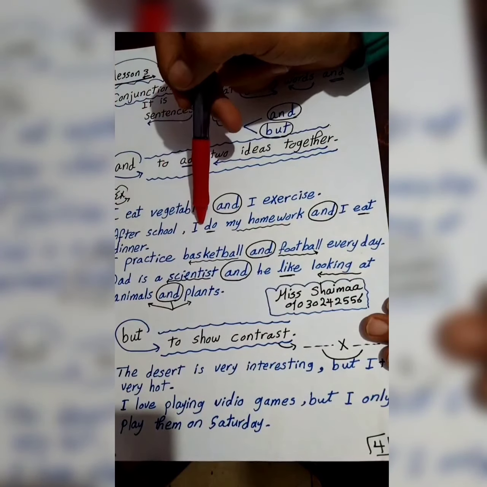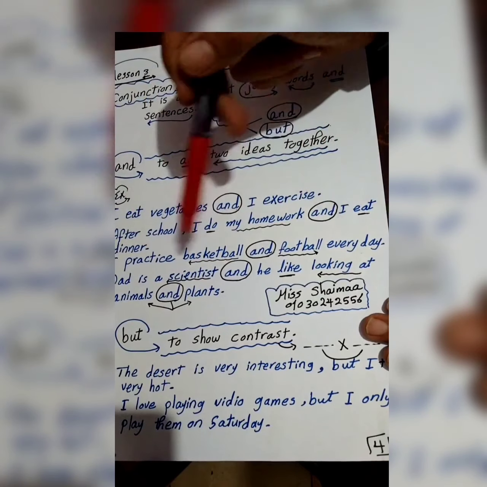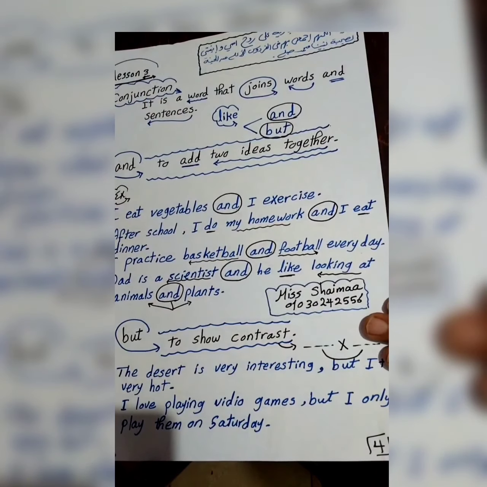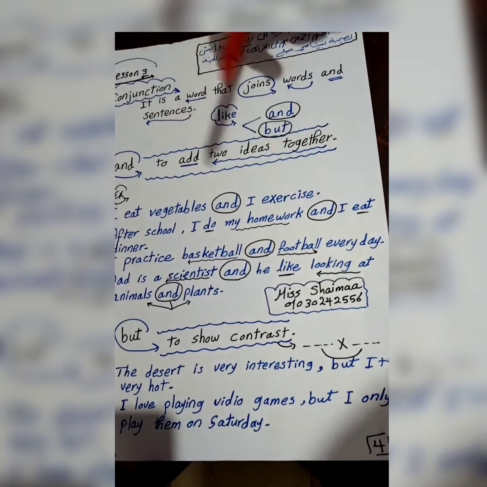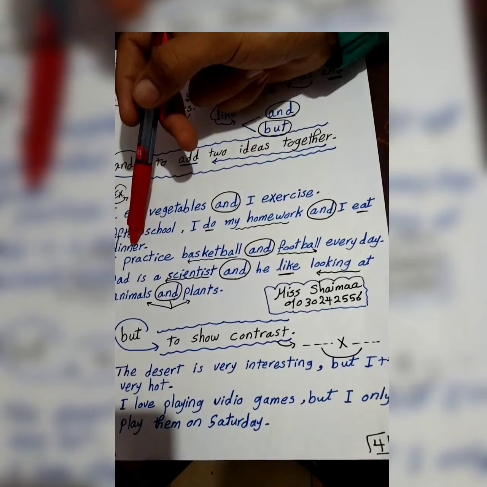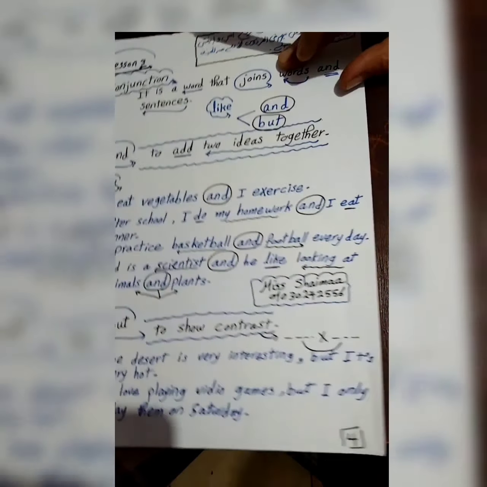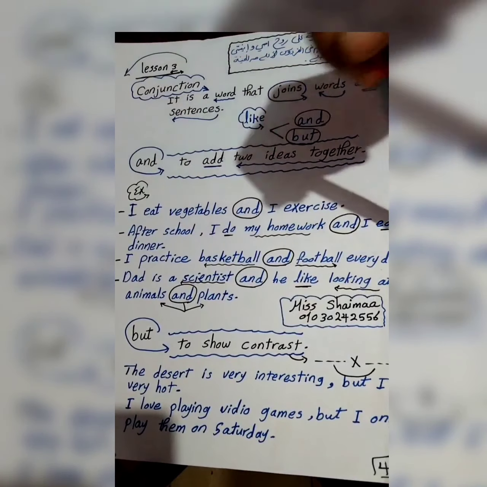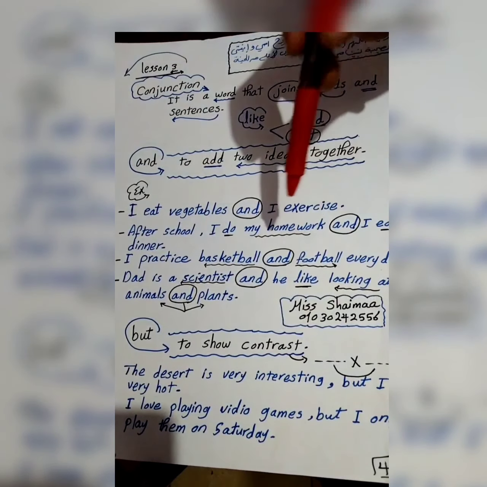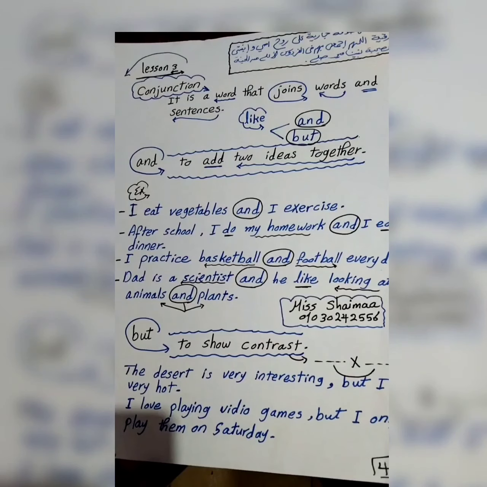I do my homework, it's a sentence. I eat dinner, it's another sentence or another idea. To join between this and this, we can use the word and, without any contrast.